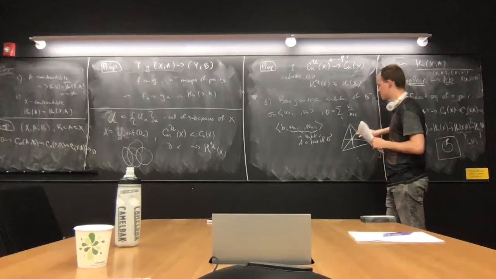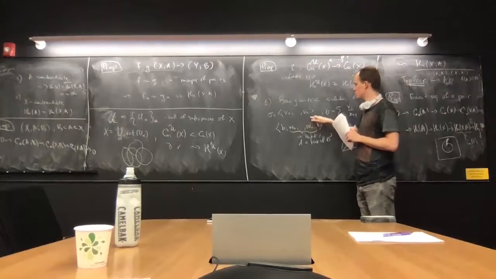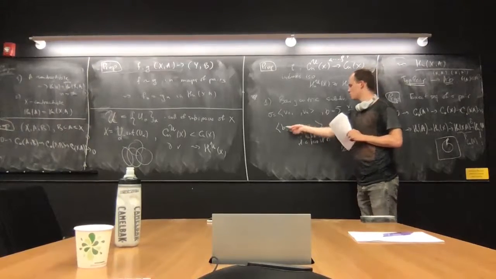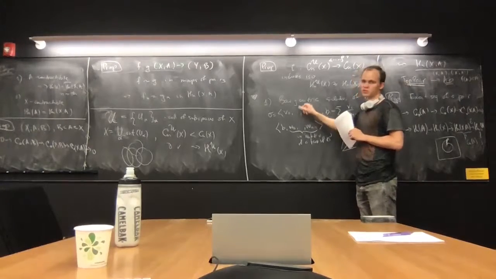What is the number of vertices in both? Are they the same? The barycentric subdivision should have n+1 in both cases, right? This is n+1 points. So these are both n-simplices.